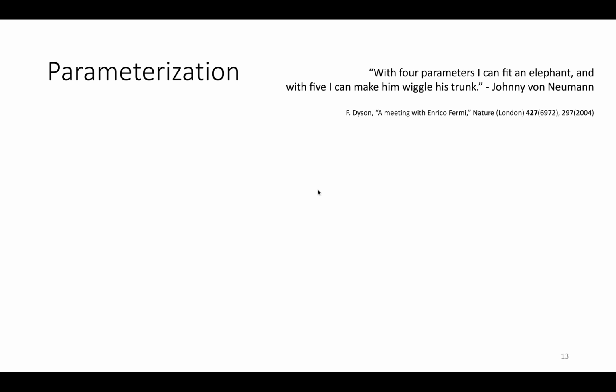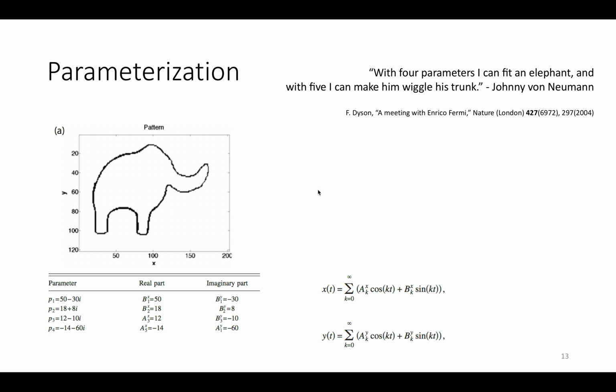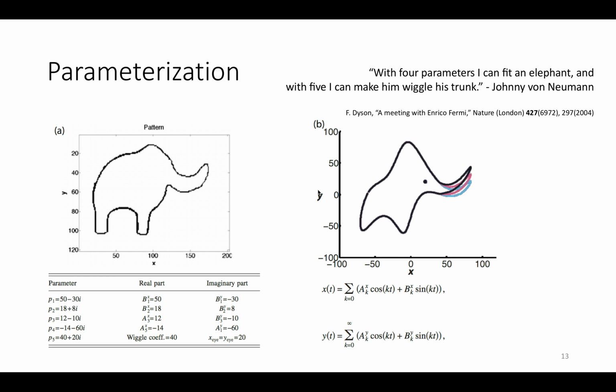And if you don't believe this statement, there's actually a group that put this to the test. So they made a very simple equation on x and y coordinates over time developed. And they used 4 parameters and they could visualize this elephant. And what's more, they could make him actually wiggle his trunk if they added the 5th.